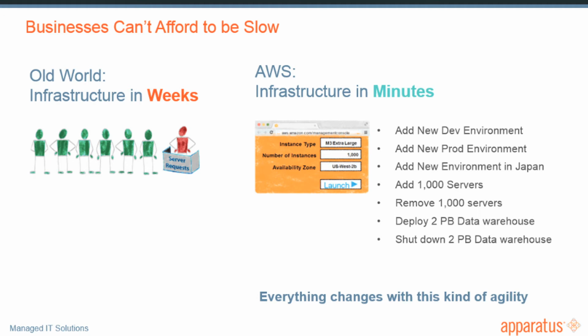In this particular case, you may only need a handful of instances to get started, but maybe your startup has this great idea and you're going to be the next big thing and you're just going to take off. So if you've provisioned in Amazon, you can scale up to meet these huge demands in minutes with very little effort.